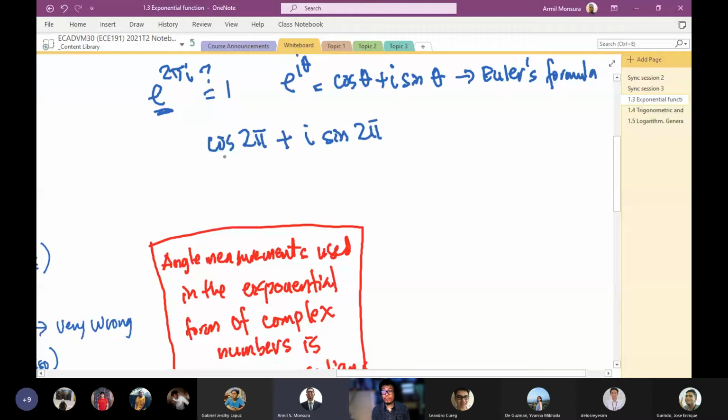So, ano yung value ng cosine of 2 pi radians? 1 po. This is 1. Plus, ano yung value ng sine of 2 pi? 0. So this is 0i, which is the real number 1. So therefore, tama yung equality niyan. Is that clear?